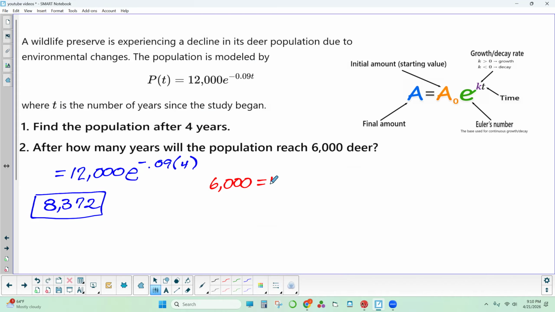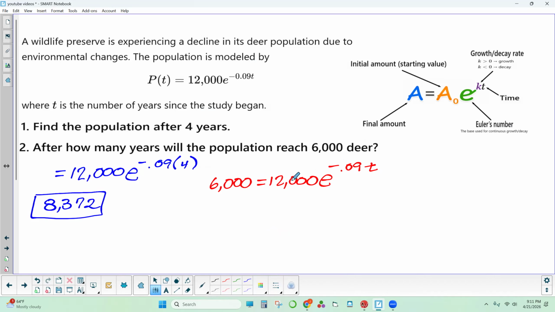We start, of course, with 12,000 times e raised to our rate. And t is what we are solving for here. Since we are solving for our variable here in the exponent, we are going to write this as a log to solve this.